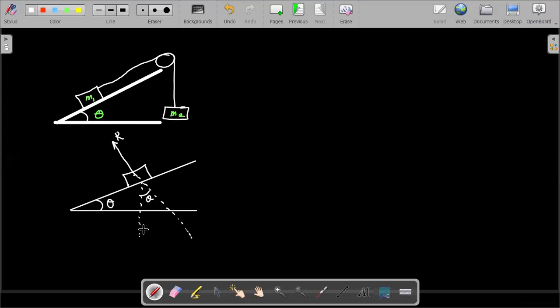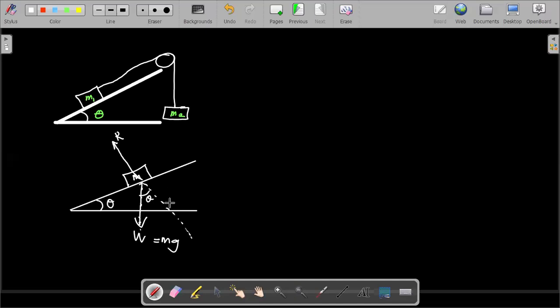So the consequence of that is that our normal reaction to the surface will not be exactly the same as the weight of the object. We know that the weight of the object will act downward, which will be equal to mg if the mass of this object is m.